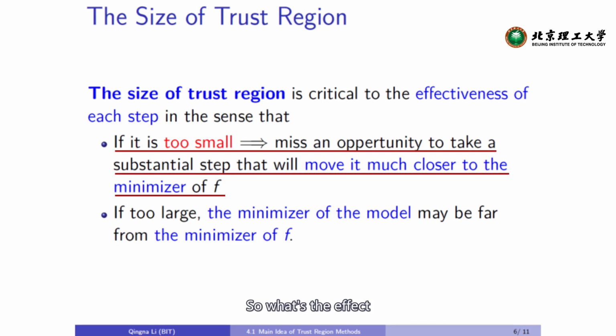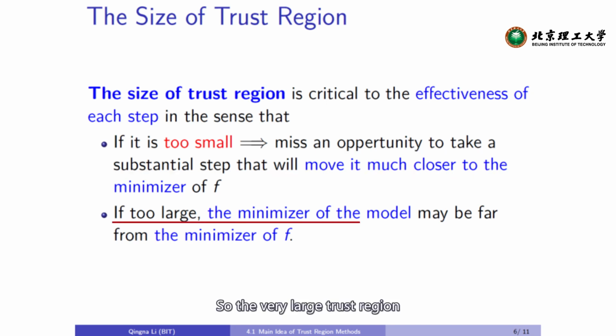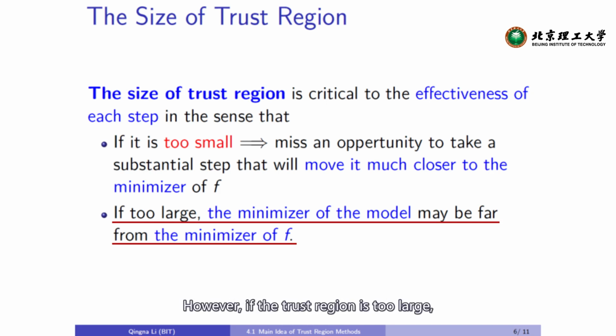So what's the effect if we choose a very large trust region? A very large trust region, of course, will not prevent our process from reaching the final accumulation point. However, if the trust region is too large, then recall that we need to approximate our function value within this trust region.